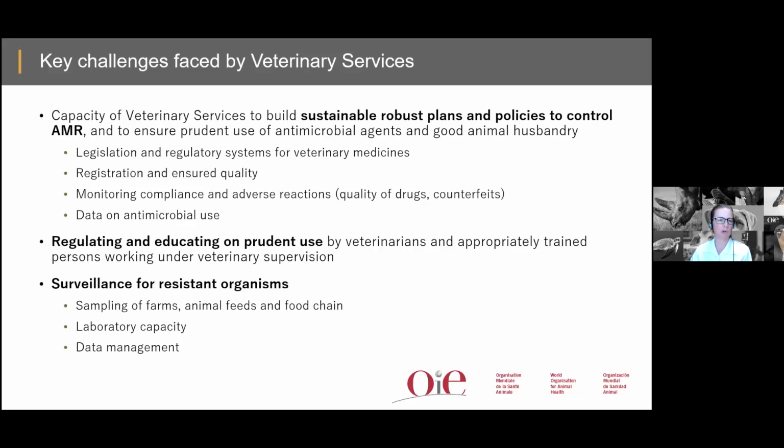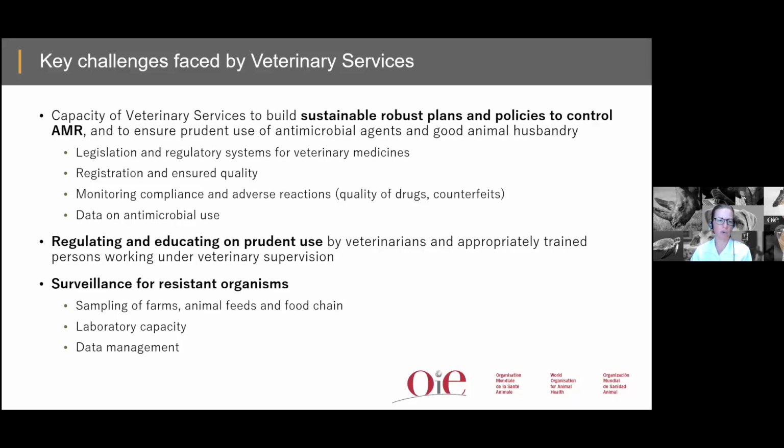So therefore, it's important to have legislation and regulatory systems for veterinary medicines to ensure that they are registered and have ensured quality, and that they are monitored so that compliance in that registration and those use are monitored, and also adverse reactions recorded so that we know that we have high quality of drugs and that we're avoiding use of these counterfeits or falsified agents.